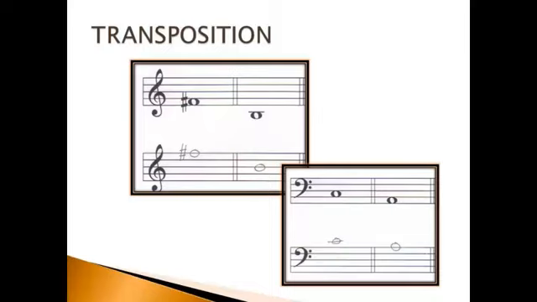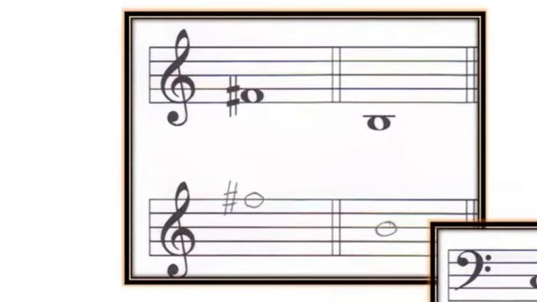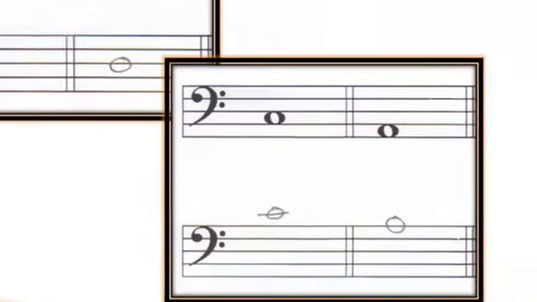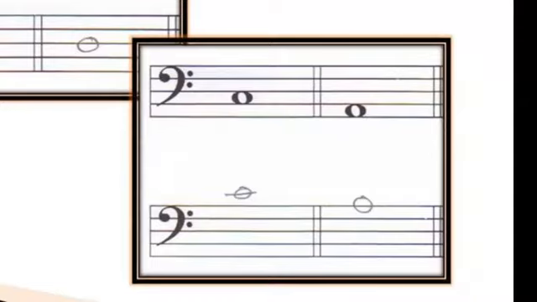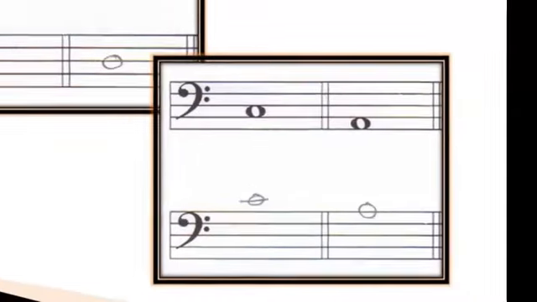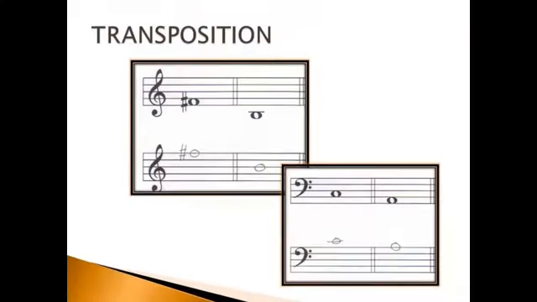So if you are asked to transpose up an octave in the treble clef, you can see that that's what I've done here. I've gone up 8 notes. In the bass clef, I've transposed these notes up 1 octave in the bass clef. The hardest part with transposition is ensuring that you read the directions very, very carefully.